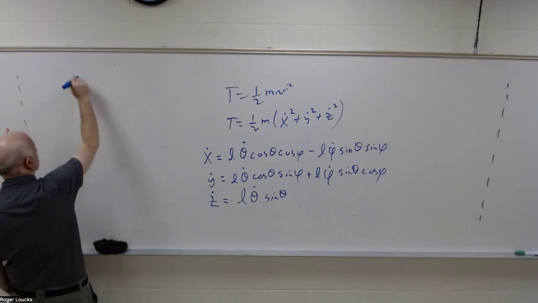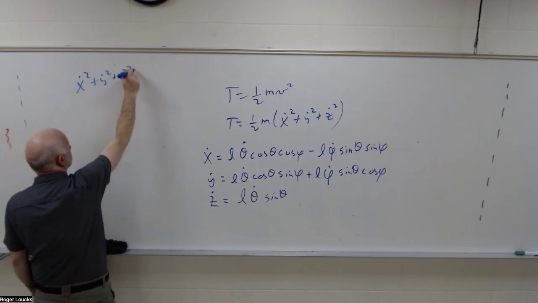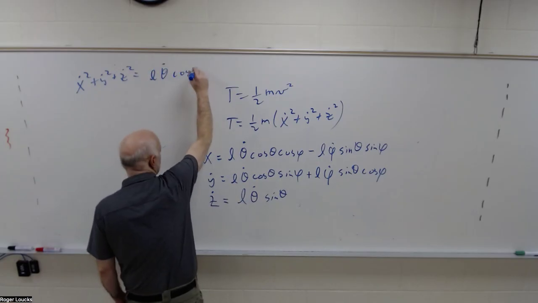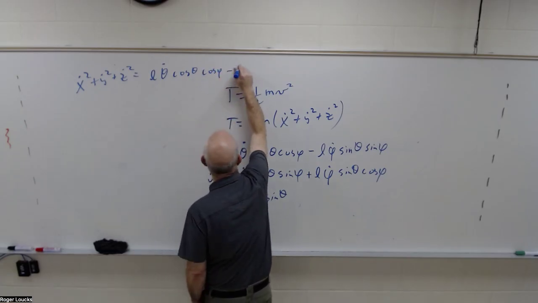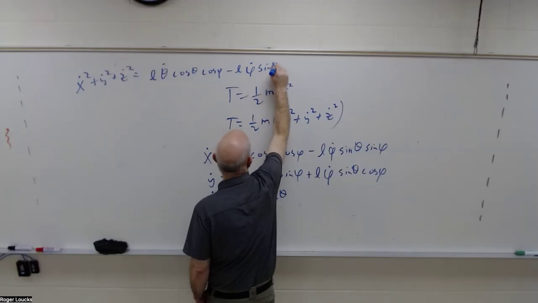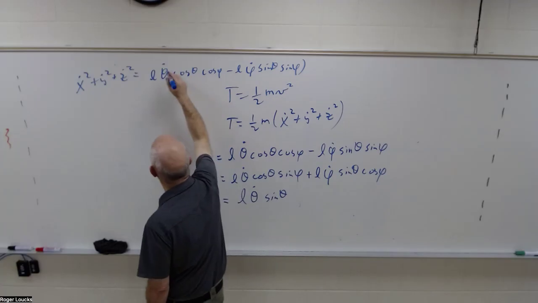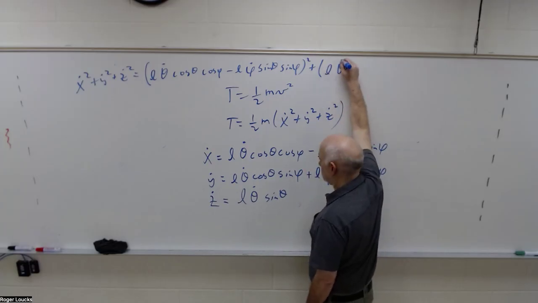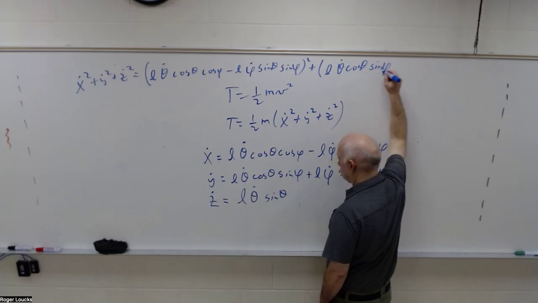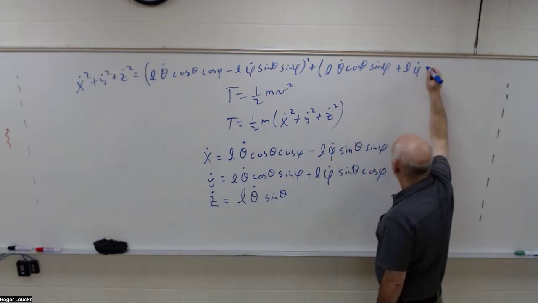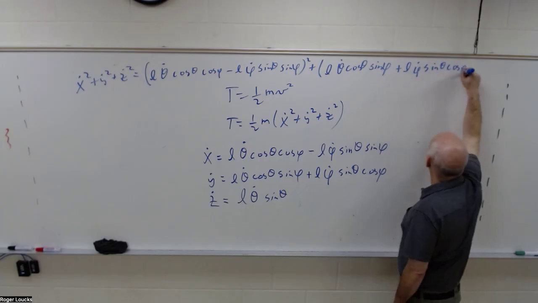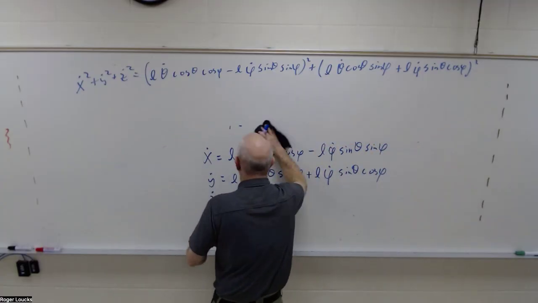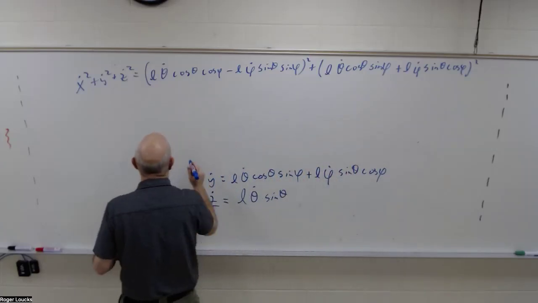If we look at x dot squared plus y dot squared plus z dot squared, we end up with L theta dot cosine of theta cosine of phi minus L phi dot sine of theta sine phi, and that all goes in squared, plus the y dot squared term, plus z dot squared.